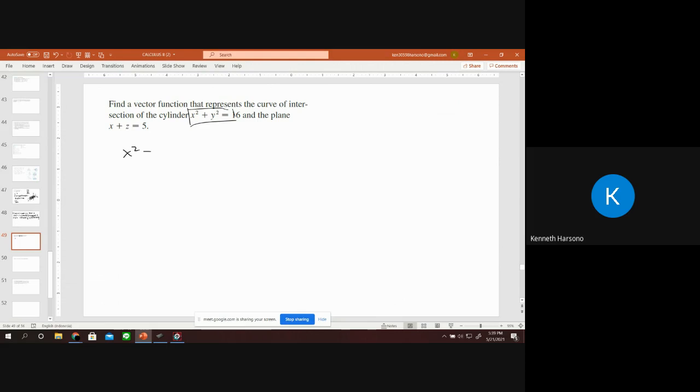So x squared plus y squared is equal to 16 is a circle with a radius of 4. So if we draw it in 3D, this one is x, y, z. This is a circle here.